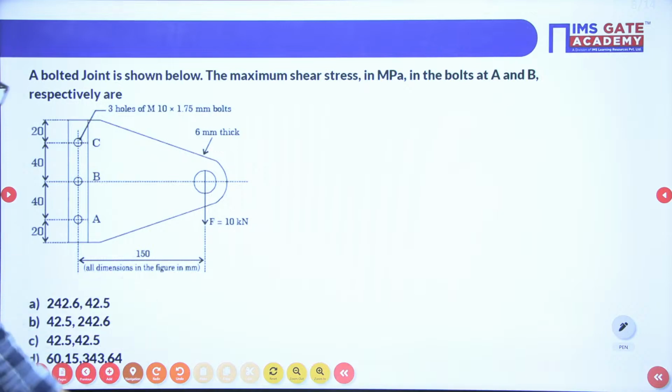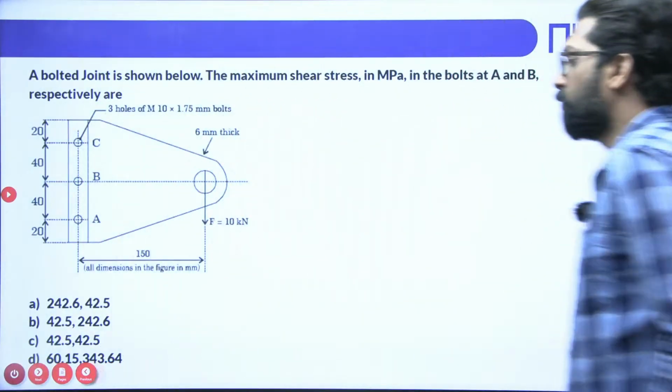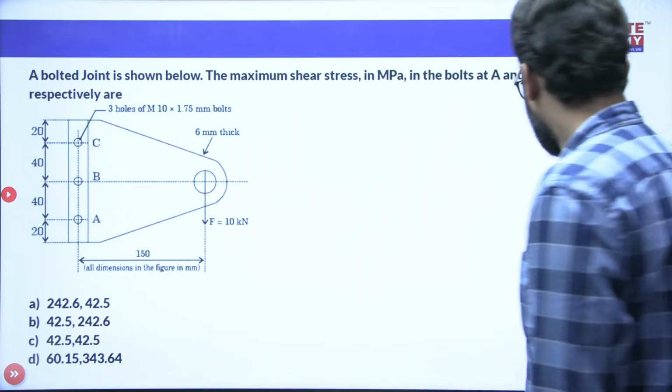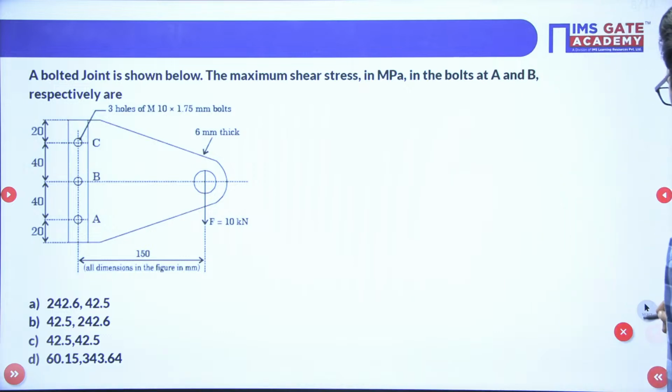So that is the next problem. See this question related to the joints. A bolted joint is shown below. The maximum shear stresses in megapascal in the bolt A and B respectively, you have to find.